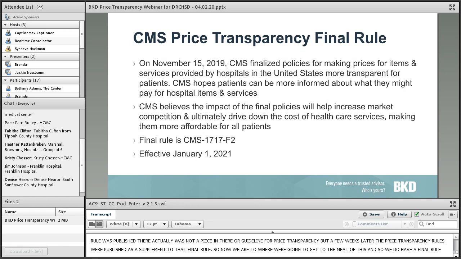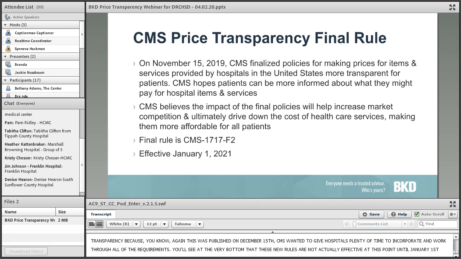So now we're to where we're going to get into the meat of this, and so we do have a final rule that back in November of 2019, CMS finalized those policies for some additional guidelines and steps that the hospitals are going to need to take around price transparency. And because, again, this was published on November 15th, and CMS wants to give hospitals plenty of time to incorporate and work through all of the requirements.